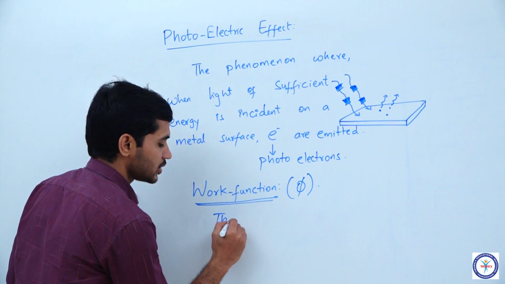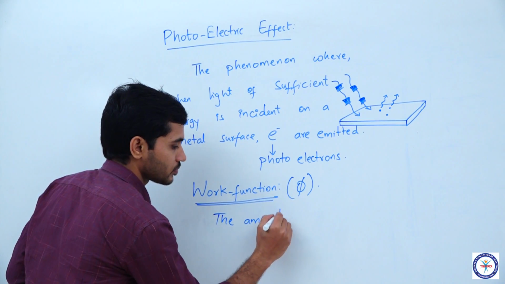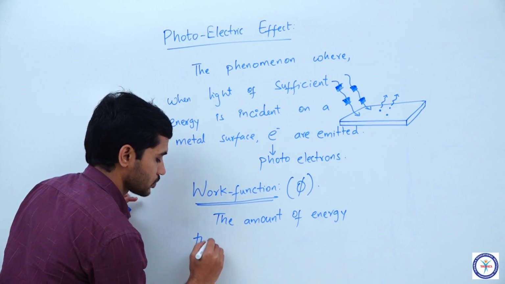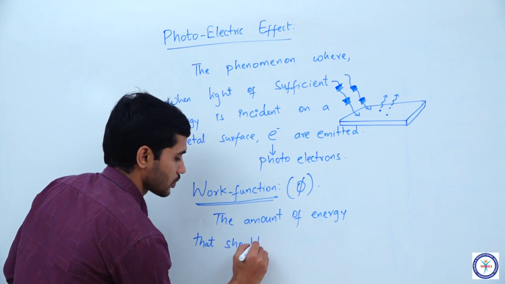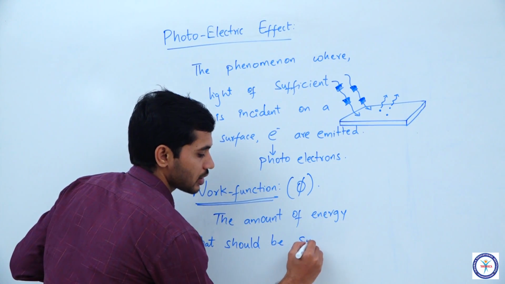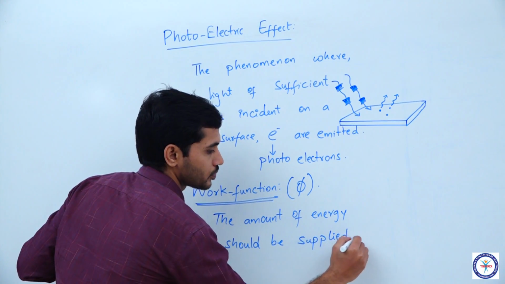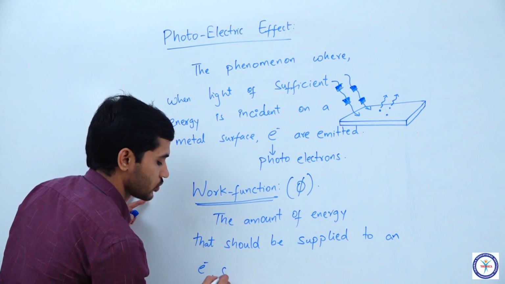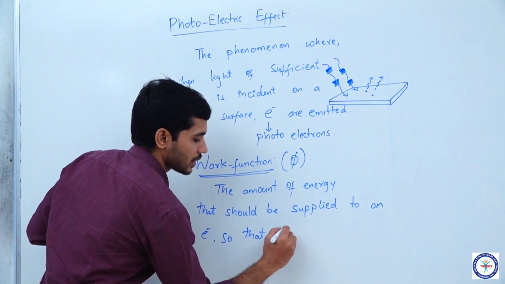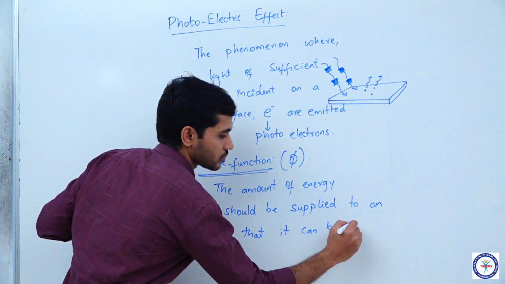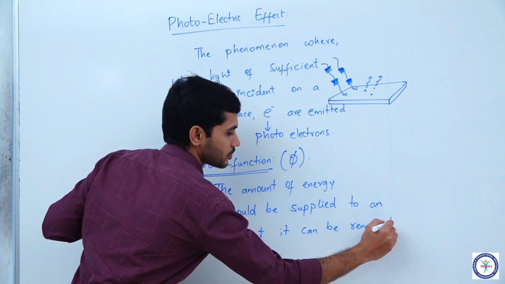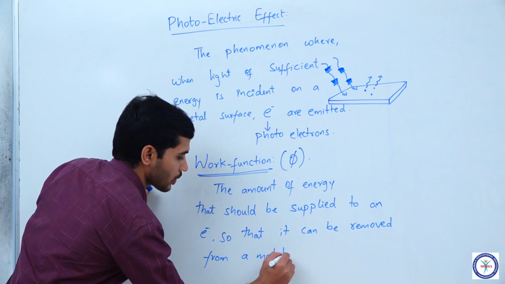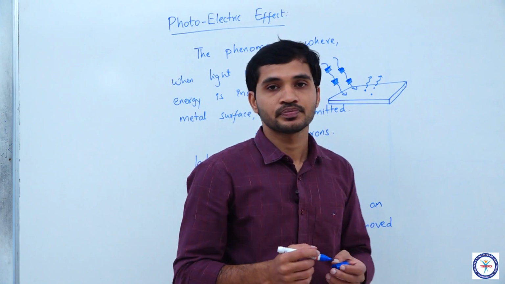It is the amount of energy that should be supplied to an electron so that it can be removed from a metal. Okay, that is how we define work function.